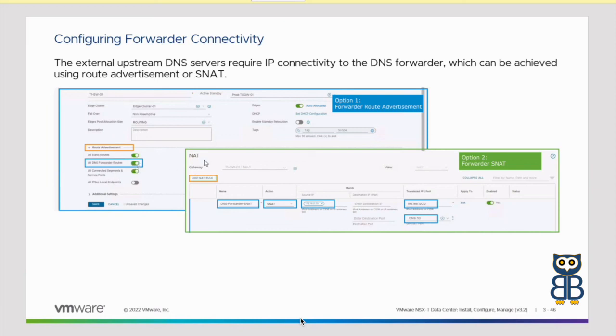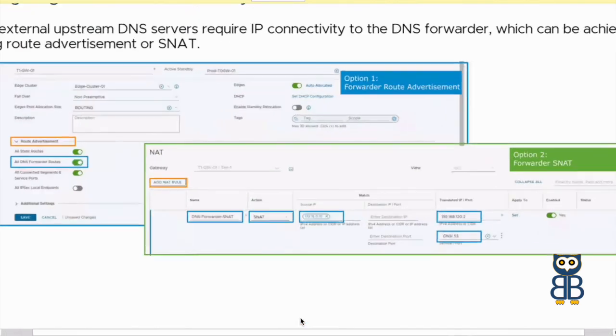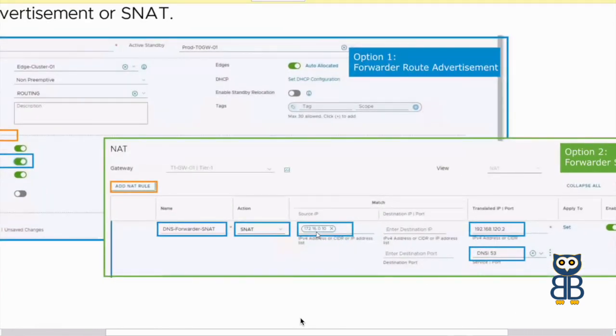That is option 1. Or the other option is you can do a source NAT actually, where you can say that whenever this DNS service IP is talking outside, translate that to some IP as per your external subnet. Because generally towards DNS, you can say subnets are restricted actually. Because if you open all subnets towards your DNS, that also creates a problem of security.